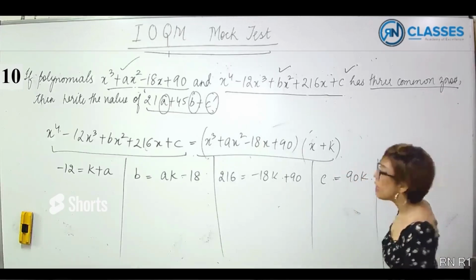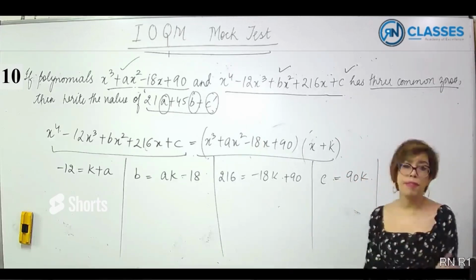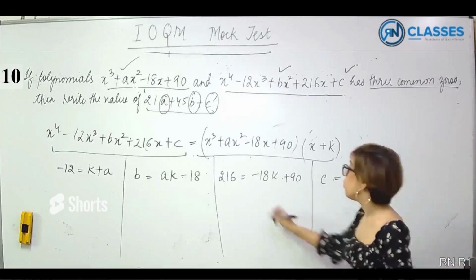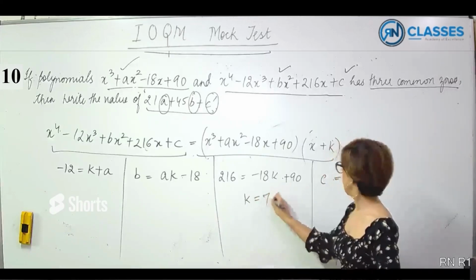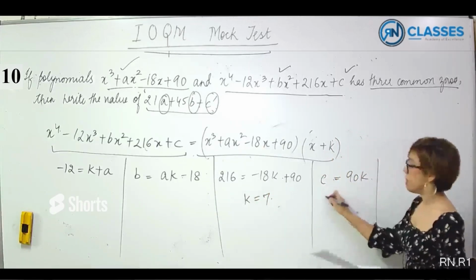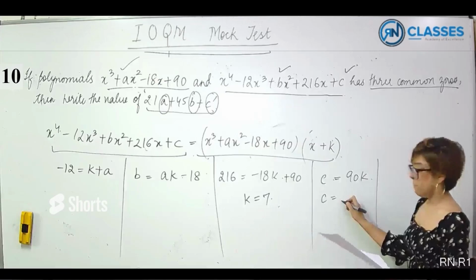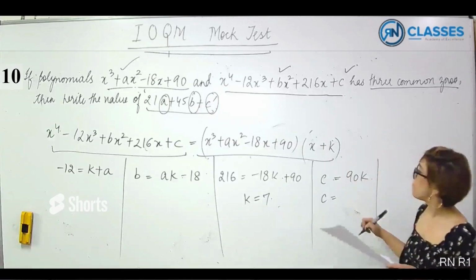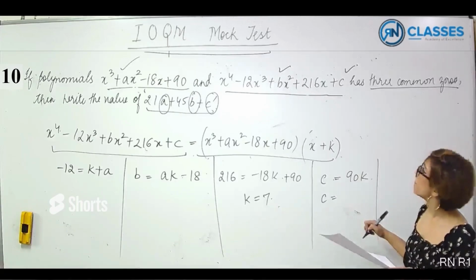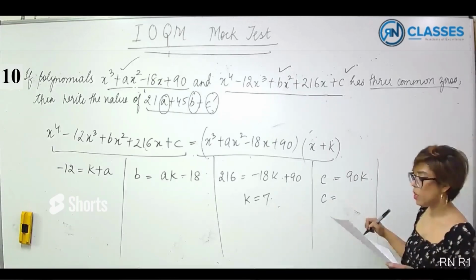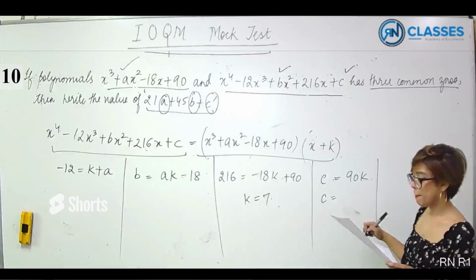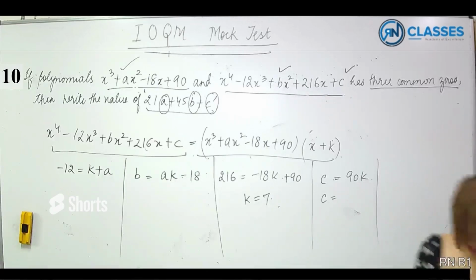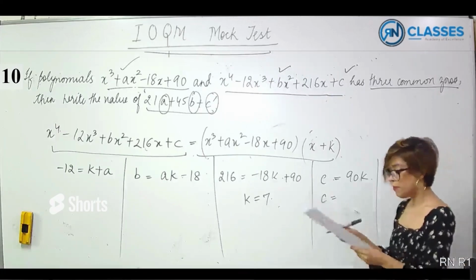Right? Using 4 relations, 4 variables are there. Let me find out the value. First of all, obviously I can see that k will turn out to be 7. Now, k turns out to be 7, that means c turns out to be, here it is plus 90 or minus 90. Okay, wait. k turns out to be 7.